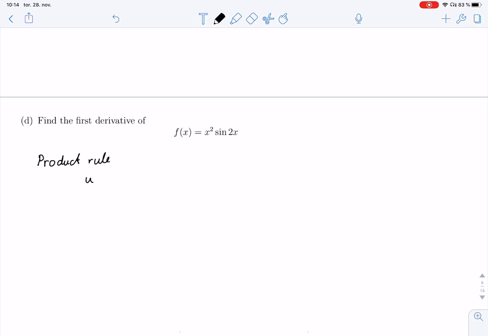I will put u equals x squared and v equals sine 2x. And I'll find the derivative of those. You could also use this notation if you want. It means the same. So x squared becomes 2x because the derivative of x^n would be n x^(n-1), and here n equals 2.